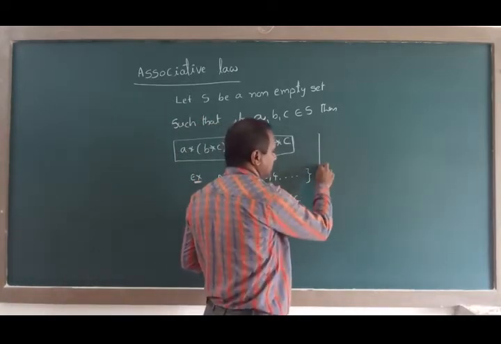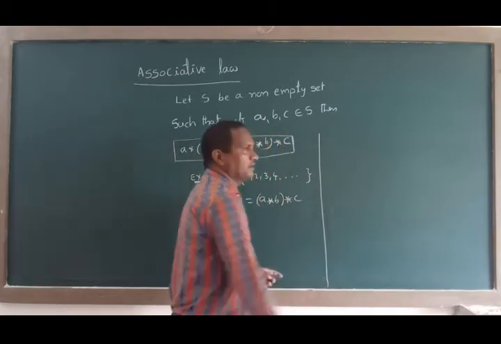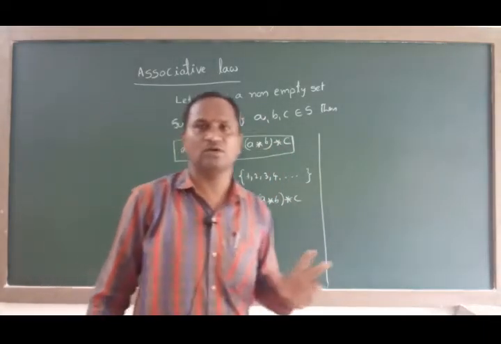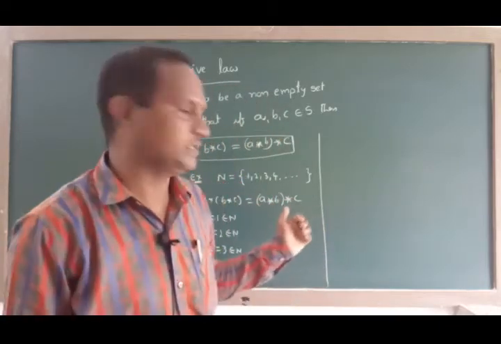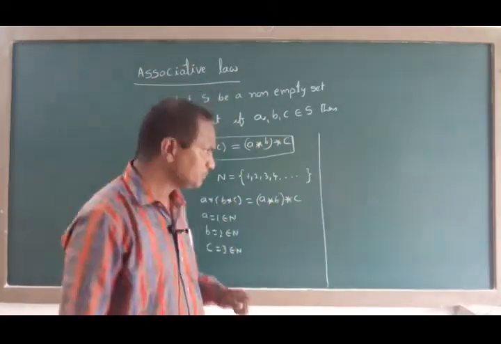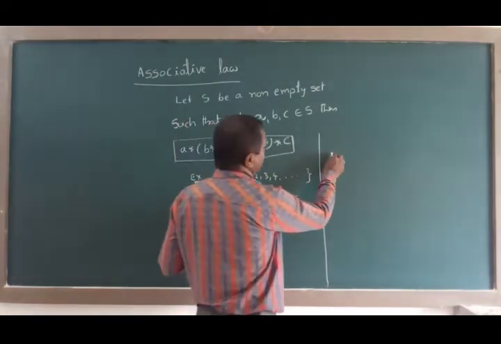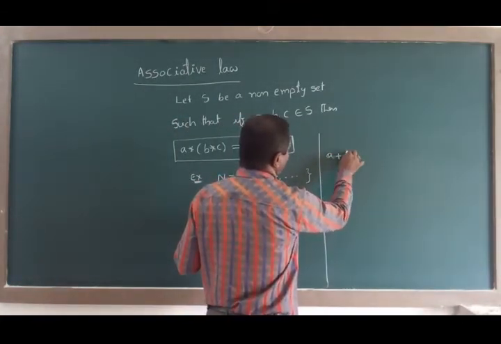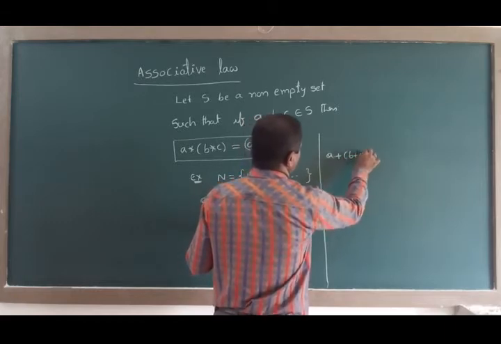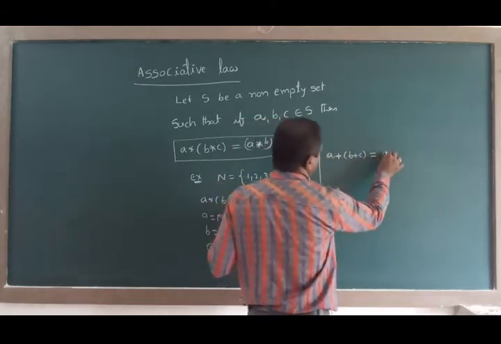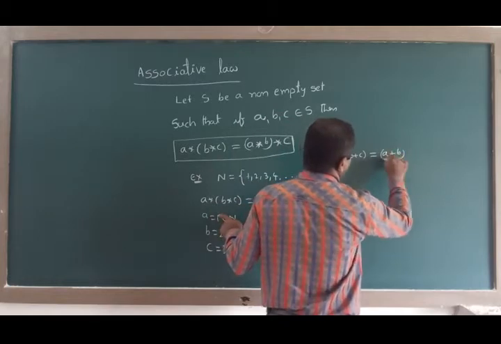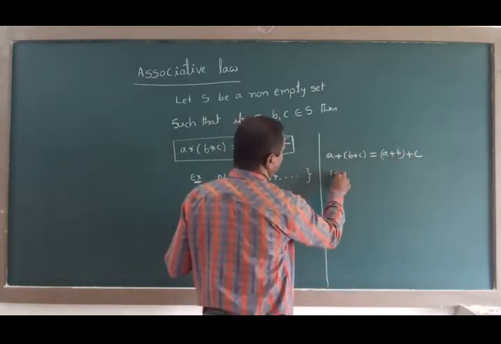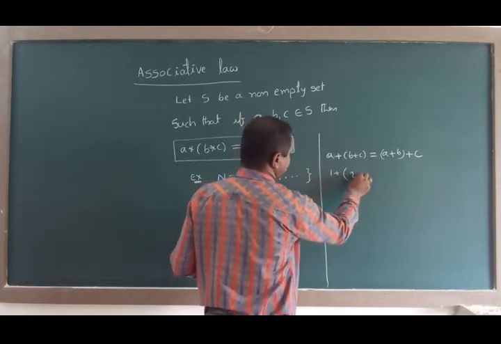With respect to addition, take a plus (b plus c) is equal to (a plus b) plus c. With a equal to 1, we get 1 plus (2 plus 3).